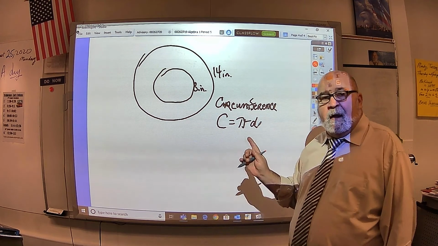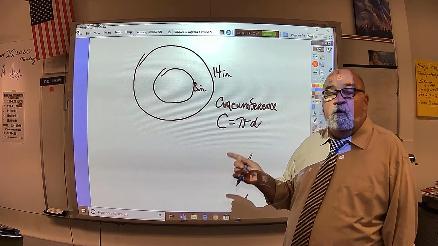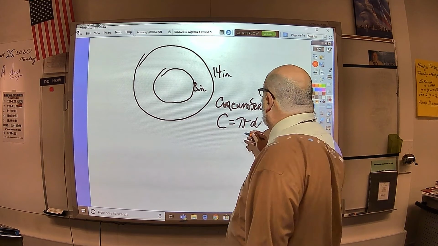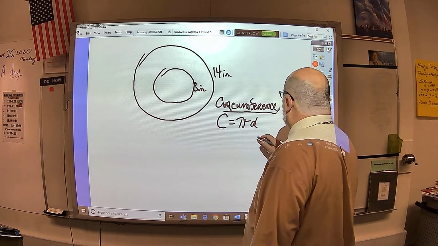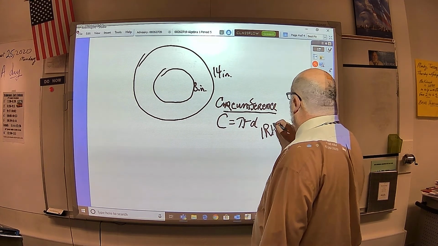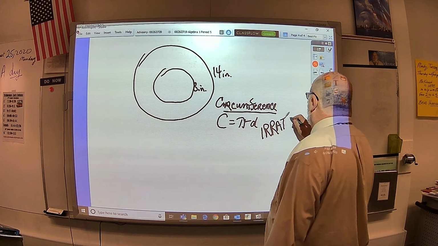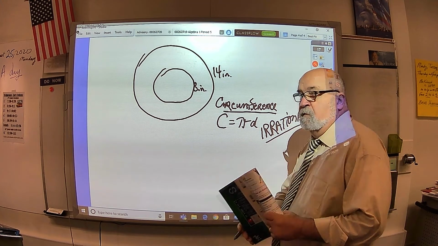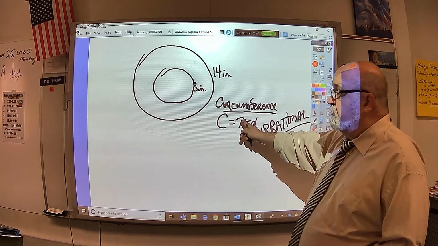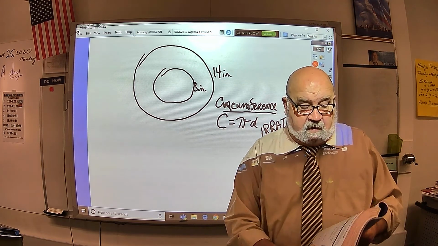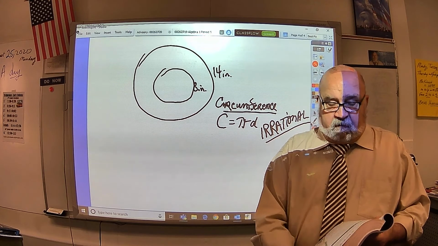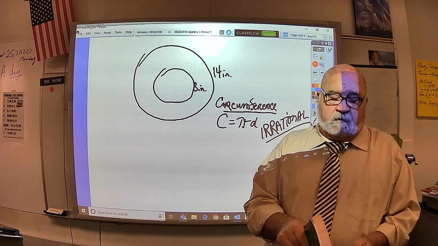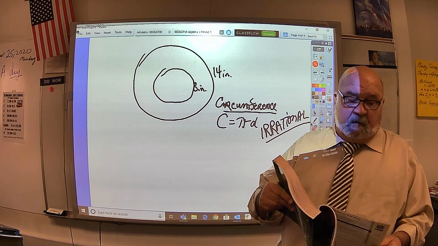If you remember, pi goes on forever and ever. So this value is going to be irrational, because we're going to multiply whatever it is by pi. And pi is an irrational value. It goes on forever, and it's never going to be the same numbers.